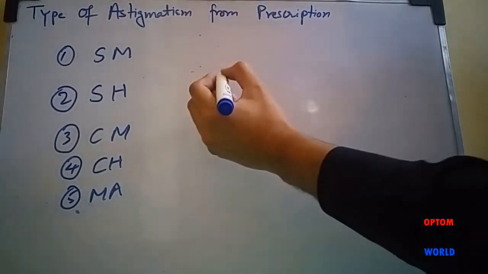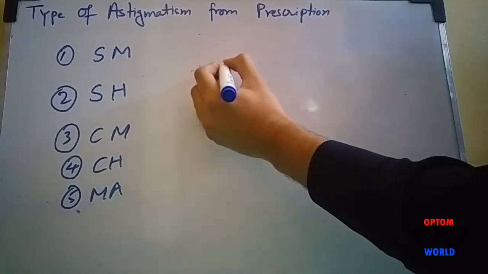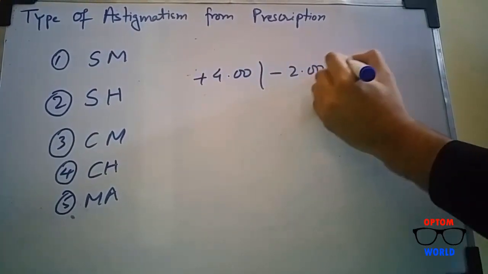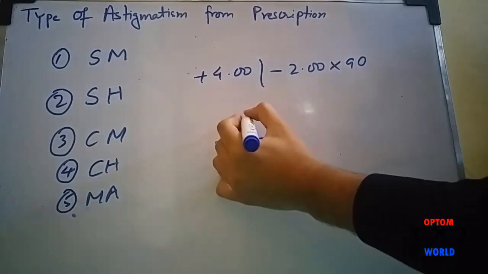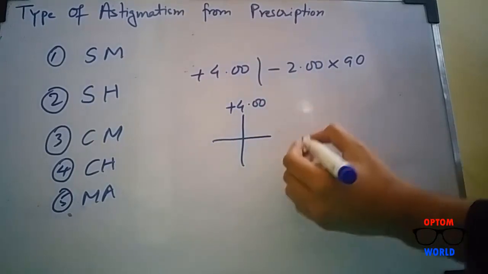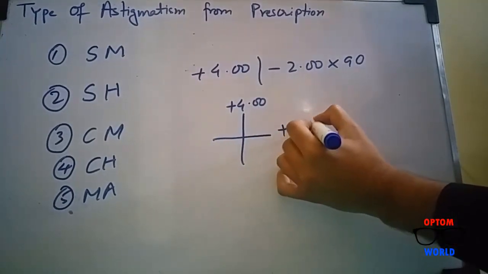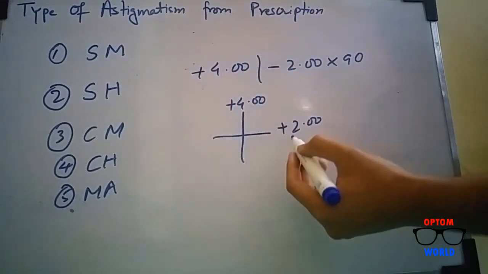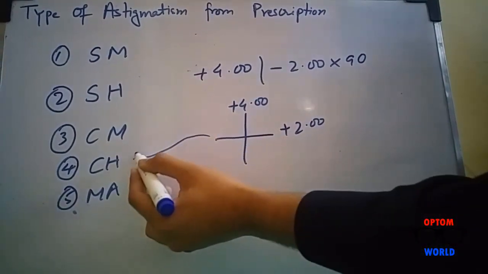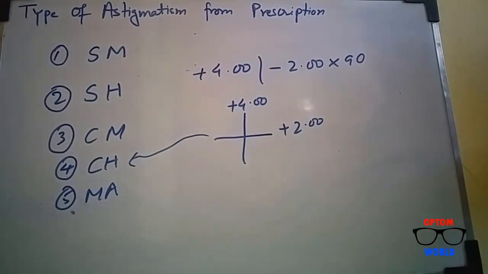Let's take another example. We have plus 4 with minus 2 at 90. First of all, here is plus 4 and here will be plus 2. It means that both meridians have positive power. It means it is an example of compound hyperopic astigmatism.